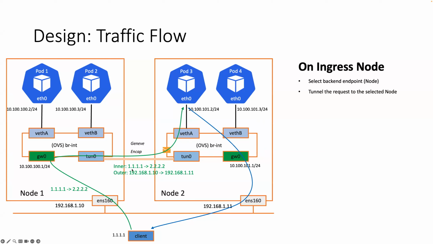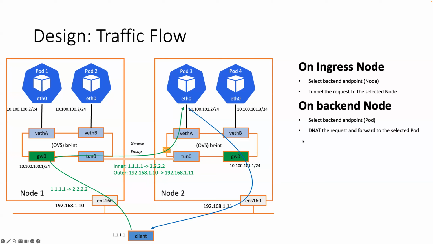We keep the original IP as the inner packet of the overlay packet, and the outer header will be the two nodes' IPs, just like regular tunnel traffic. And on the backend node, we will do another load balancing, selecting local pods only.